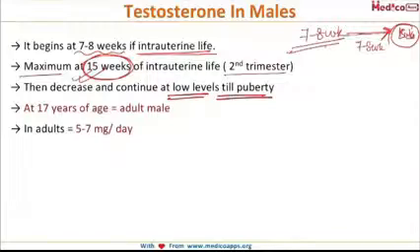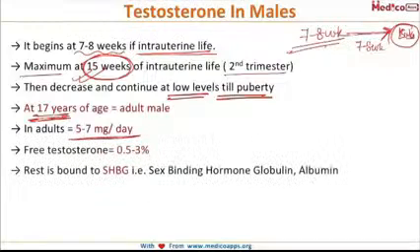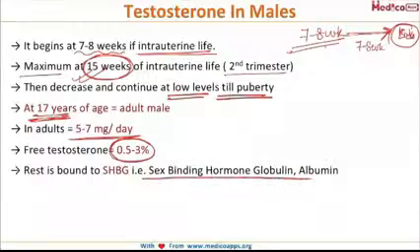When does the secretion of testosterone become equivalent to that of an adult male? It is at 17 years of age. And what is this value? It is 5 to 7 milligram per day. Out of this 5 to 7 milligram, only 0.5 to 3% is free testosterone, and the rest is bound to sex hormone binding globulin and albumin.